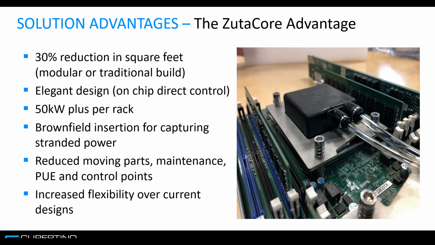The solution offers us a great opportunity in terms of being able to increase capacity and make use of the stranded power without impacting the current HVAC system, and all the while be able to do that in a live data center with a seamless transition. One thing that was very, very attractive to us: reduction of moving parts, maintenance and PUE and control points, and the increased flexibility over current designs.